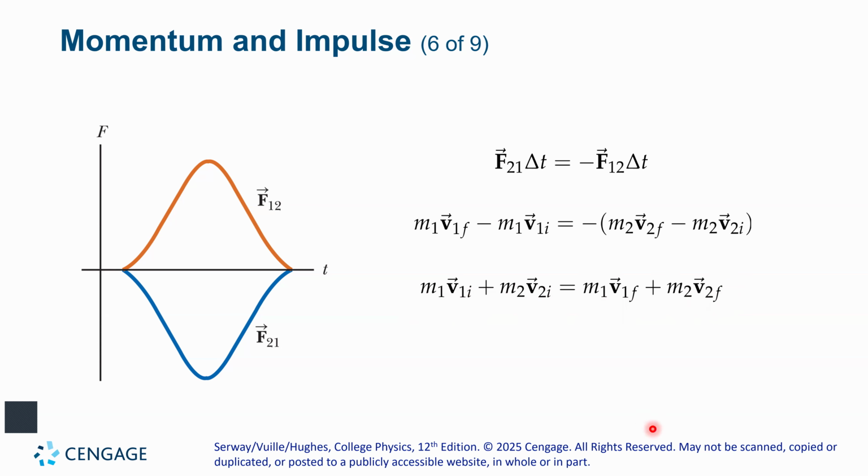So these equations, actually five of them, are proving conservation of momentum for a system that is isolated, or only experiences internal forces between the parts of the system.